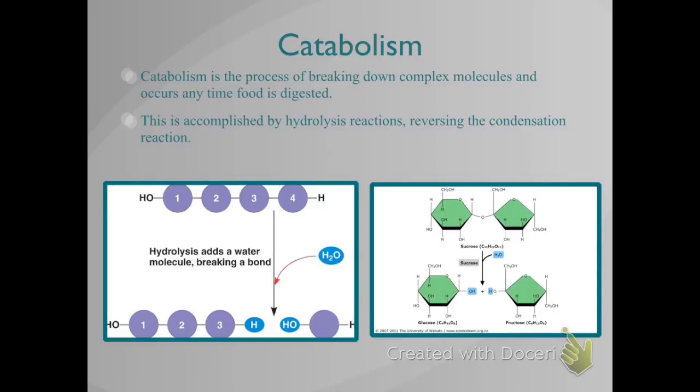And this is essentially just the reverse of the condensation reaction. So this time, instead of a water being produced, a water molecule is consumed. So here we've got our water molecule, and we've got that hydrogen being replaced and the hydroxide being replaced. Same situation is going on here. So it simply is just a reversal of that condensation reaction.